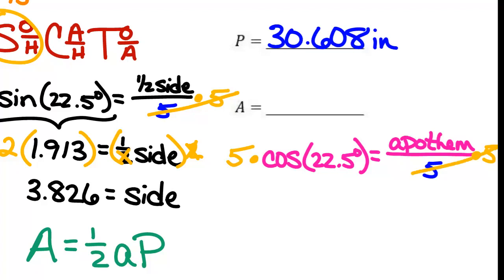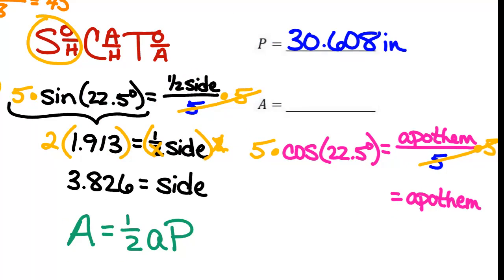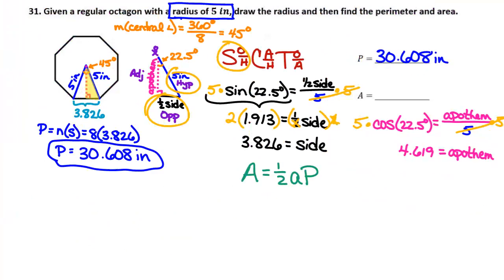So now I need 5 times cosine of 22.5. How big is our apothem? 4.619. So that's what we're going to substitute in.